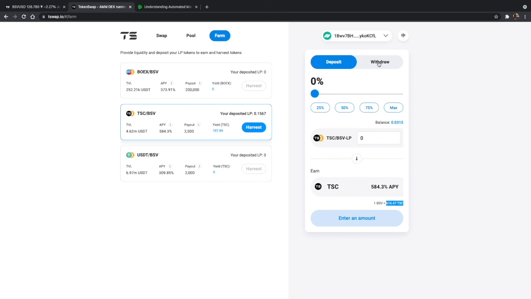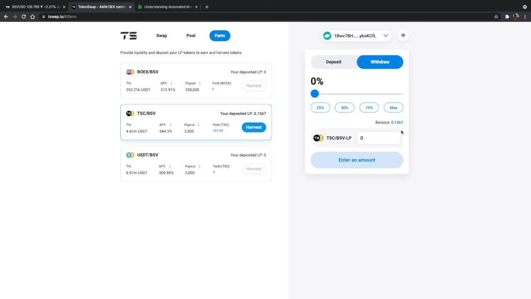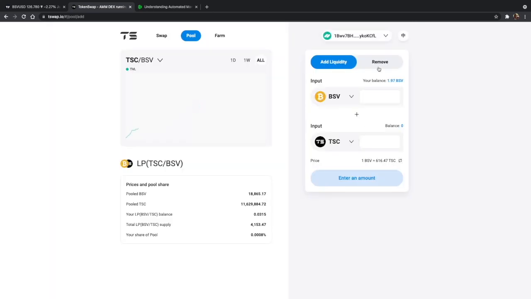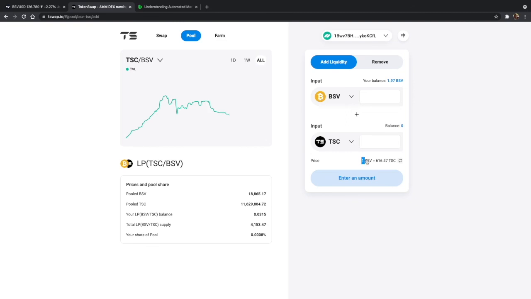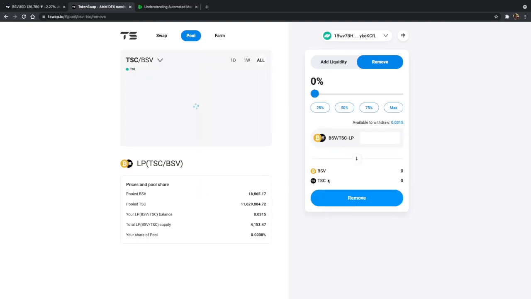So go through and see how much you can withdraw if you deposit, and then you hit remove liquidity here, and you can check how much you'll get back. Because what happens is they divide this based on how much 1 BSV is. So the lower TSC goes, the more this changes.